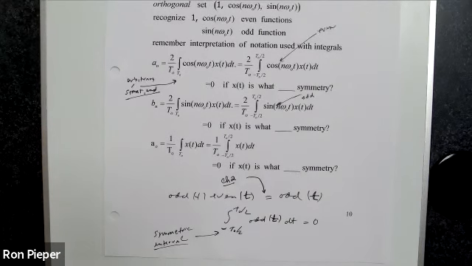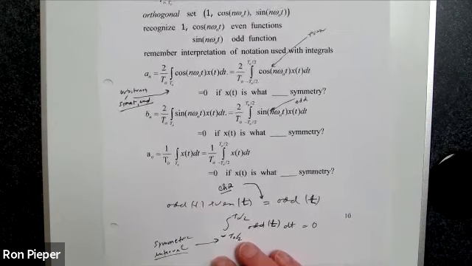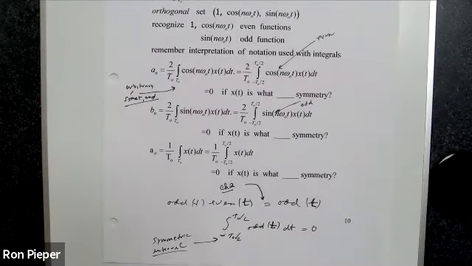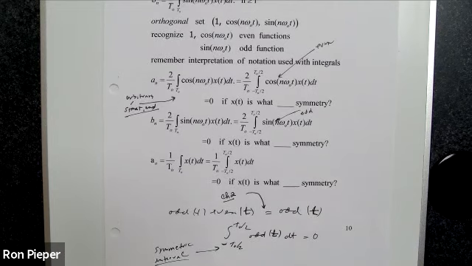And that is, are there some tricks which would allow us to immediately determine if the coefficients are all 0?